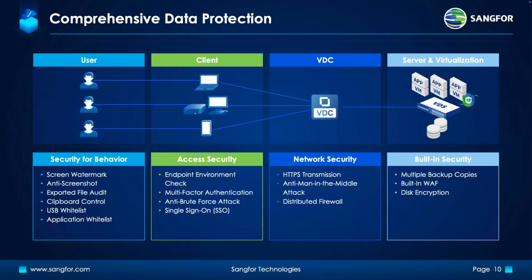In recent times, we have seen some of the other hypervisor vendors where the hypervisor was breached, as it was a web-based management. But with these kinds of security features, like our built-in WAF, it protects from such web-based attacks as well.